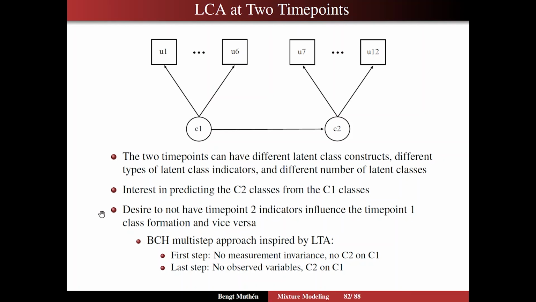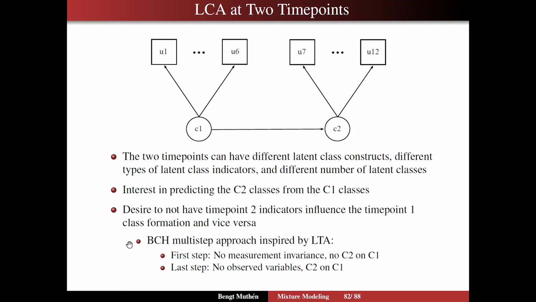And we have the multi-step desire to not have time point 2 indicators influence the time point 1 class formation, and vice versa. So you can think of this whole thing here, the latent class model out here, as a distal outcome part of the model, where the first step relates to the first time point measurements.